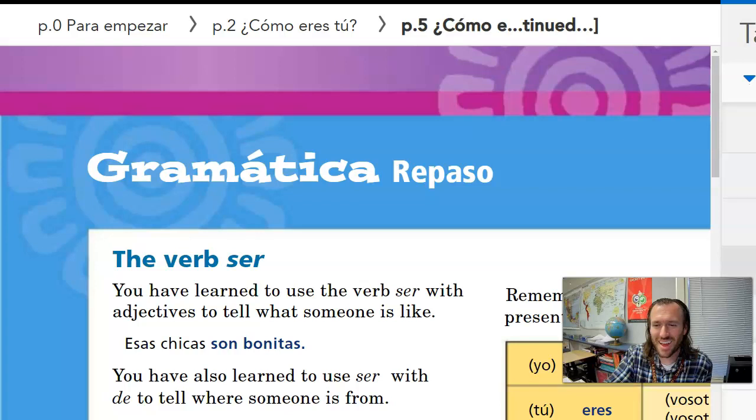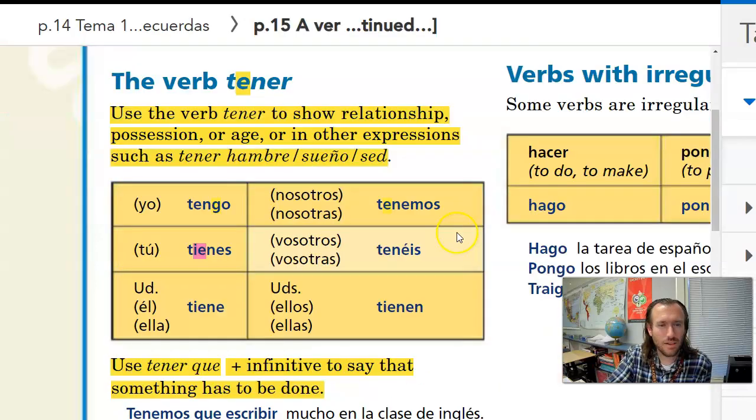Not 5. Hang on one sec. My bad, sorry about that. Page 15. You have the verb tener, just to jog your memory on how to conjugate tener in the present tense. If you're talking about yourself, it would be tengo. So page 15, for exercise 11, if you need to go back and refresh your memory.